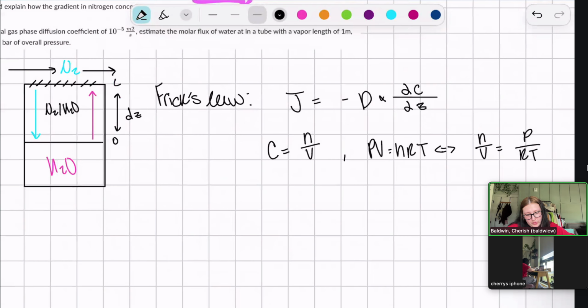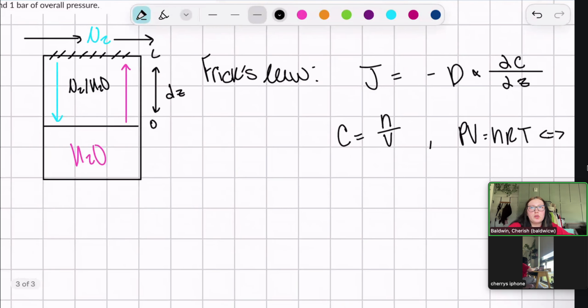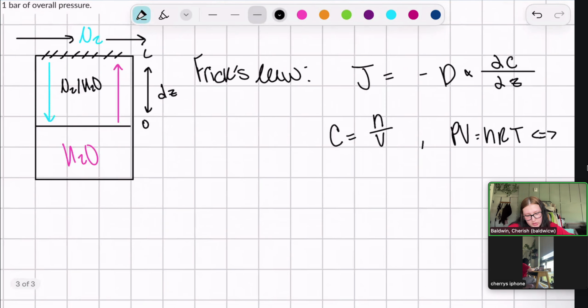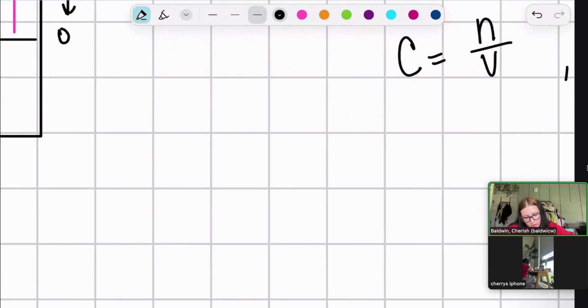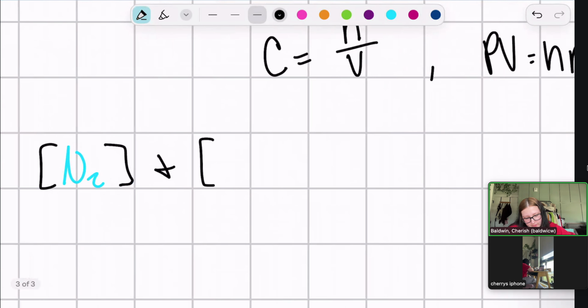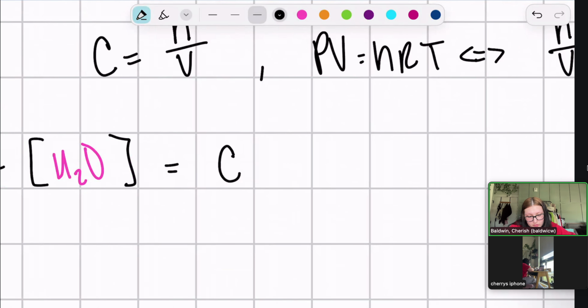Now, because it's a 2-component system, the concentration of nitrogen plus the concentration of water is equal to the total concentration.